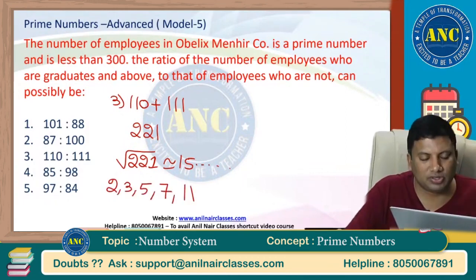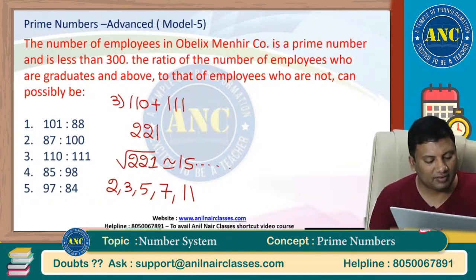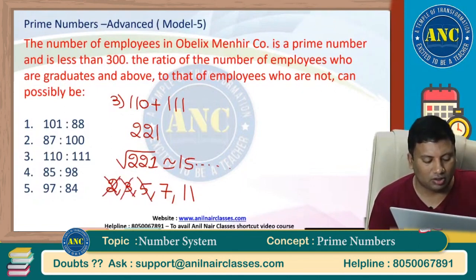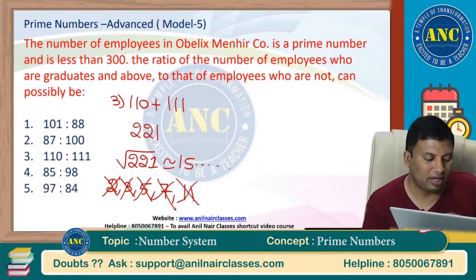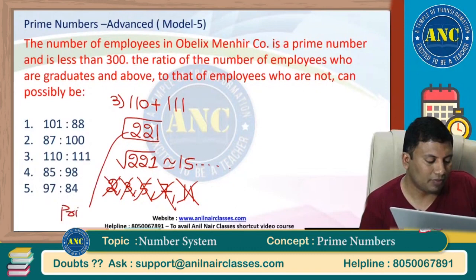Because every composite number can be written as a product of prime numbers. Is 221 divisible by 2? No. Divisible by 3? No. Divisible by 5? No. Divisible by 7? No. Divisible by 11? No. That means 221 is a prime number.